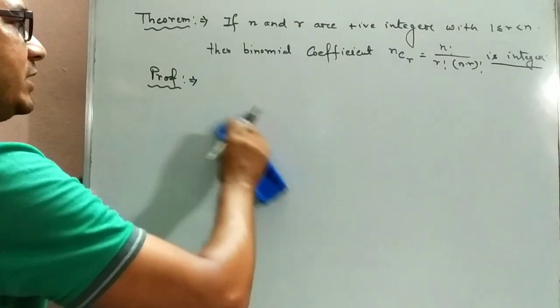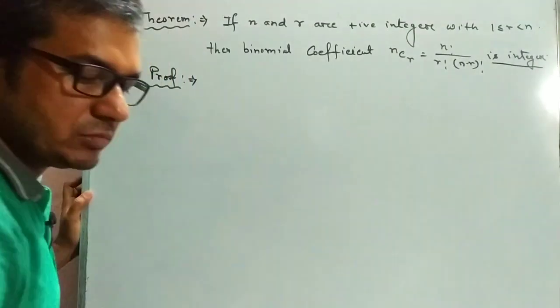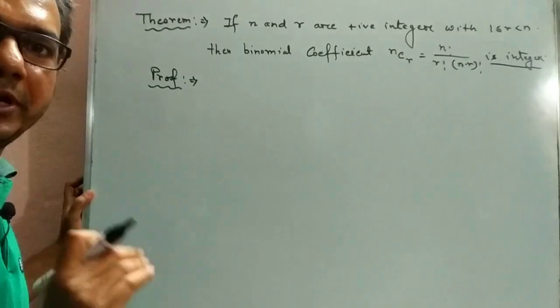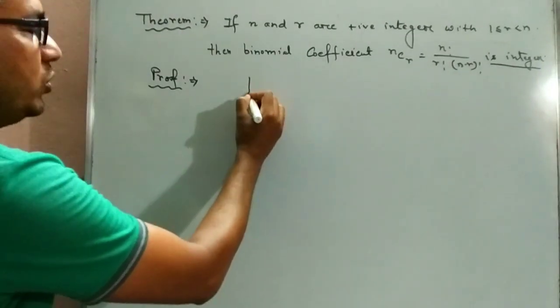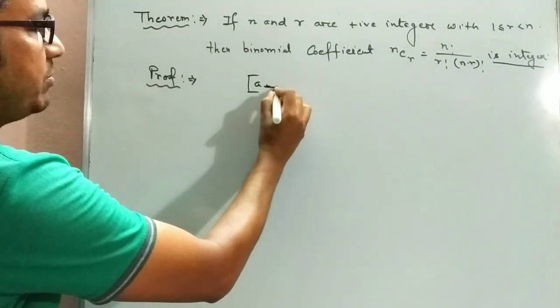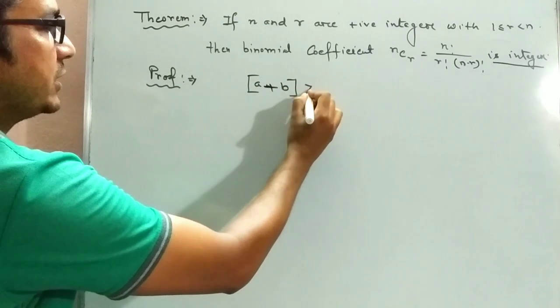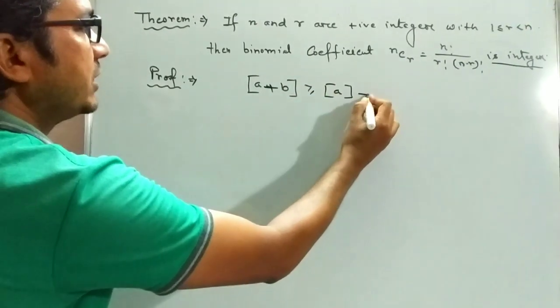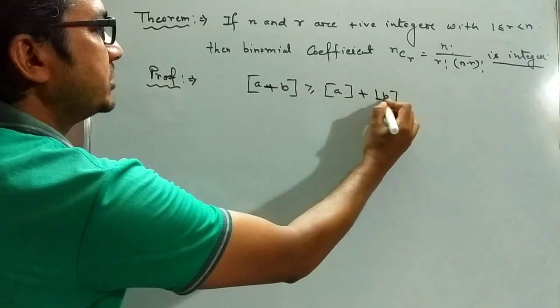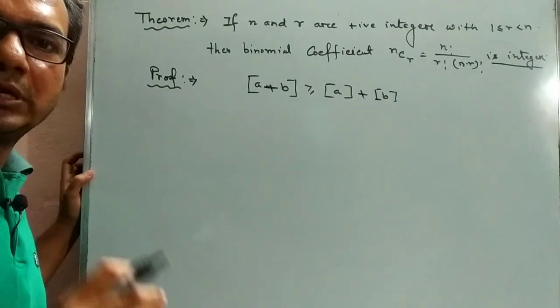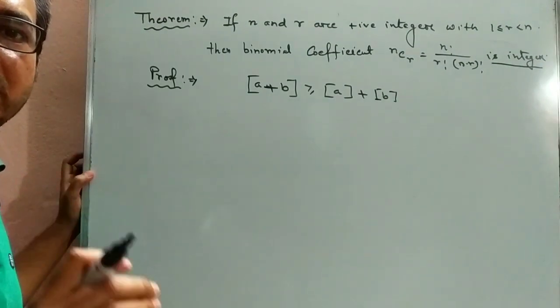So generally for any two arbitrary real numbers a and b, we can write box of a plus b is greater than or equal to box a plus box b, where box is the greatest integer function.